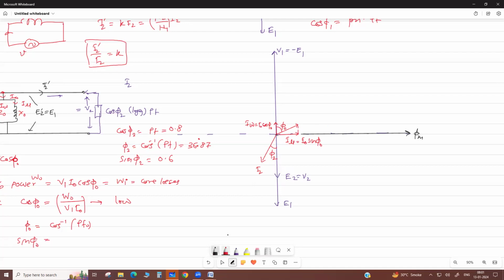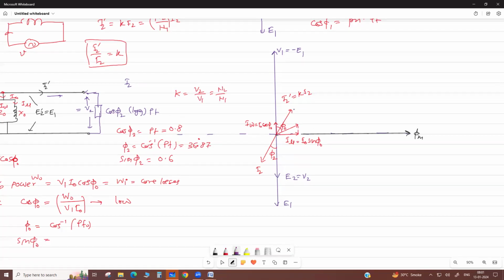Now as referred to the primary side, this current is in the opposite direction. Okay, primary side. It is called I2 dash equals K I2. Now K is the turn ratio. So from K equals V2 by V1 you can find it, or N2 by N1.